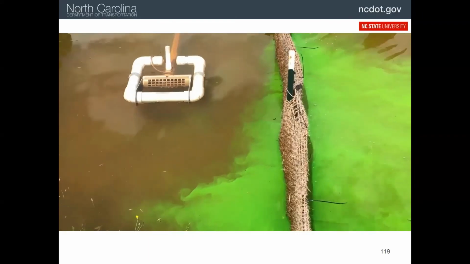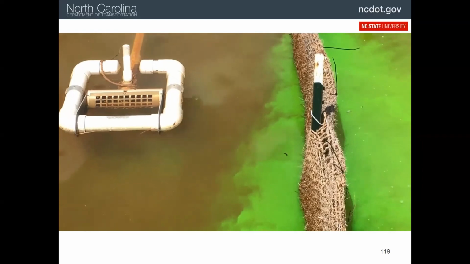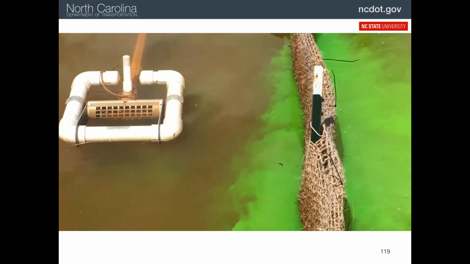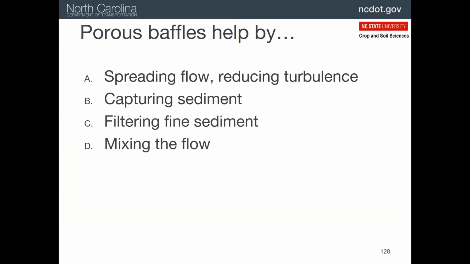We've measured that on real construction sites. So hopefully everybody understands why we're putting in baffles and skimmers. So porous baffles, after you've seen those videos, hopefully you can say they help by spreading the flow and reducing turbulence.